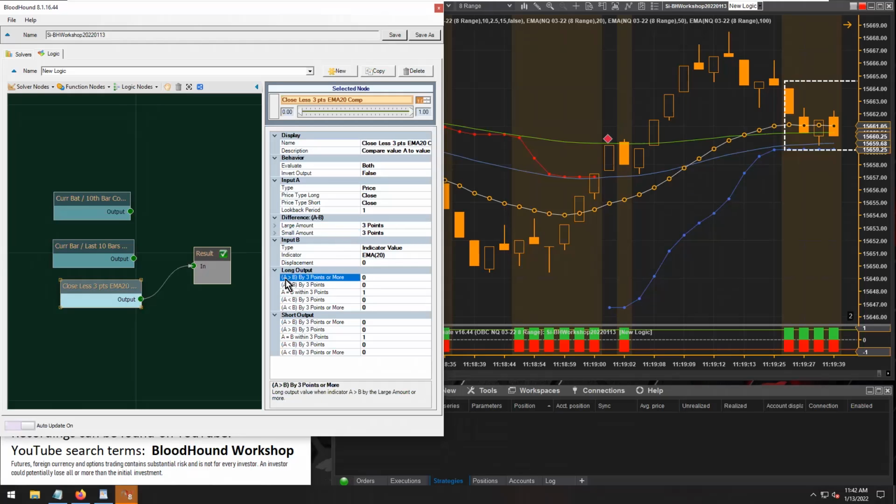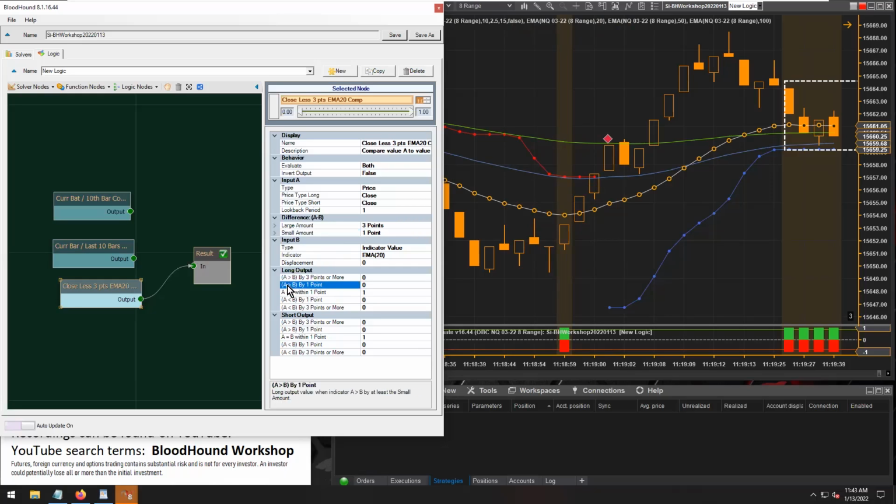Because if you read the output, it says A greater than B by 3 points or more, and A greater than B by 3 points. So if I set the small amount to 1, and I need to reset this, and then if you read this, it says A greater than B by 3 points or more. That's the large amount. And then the small amount is set to 1 point.